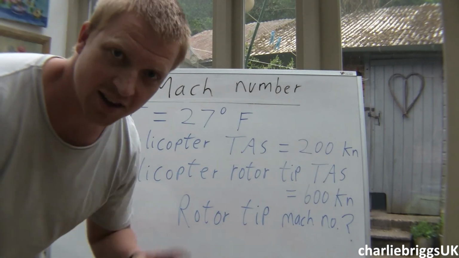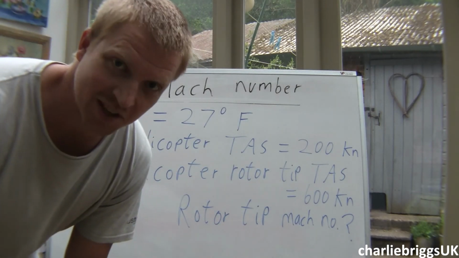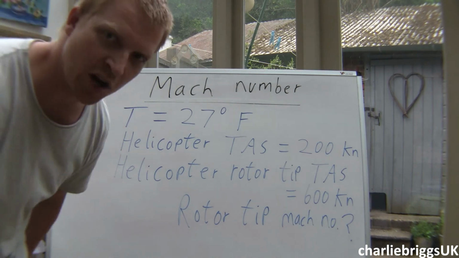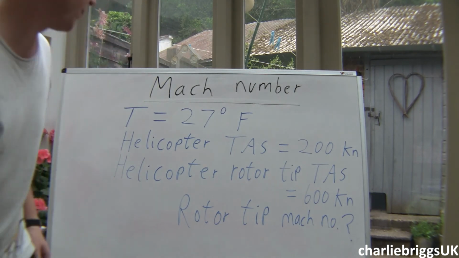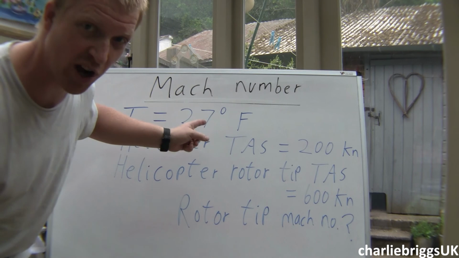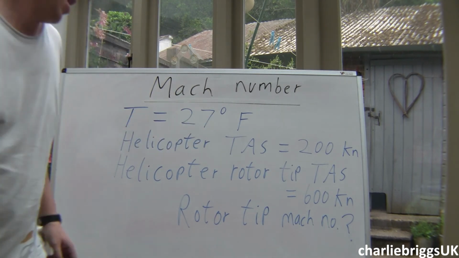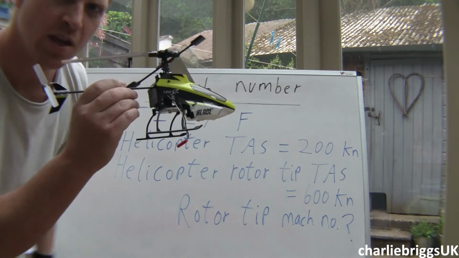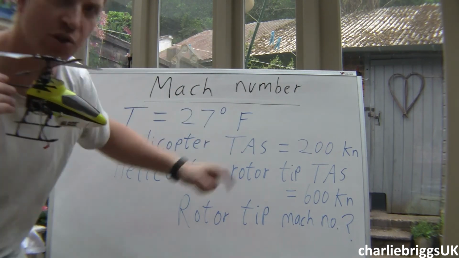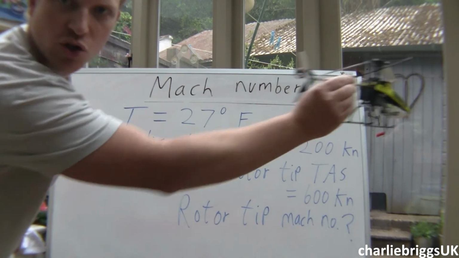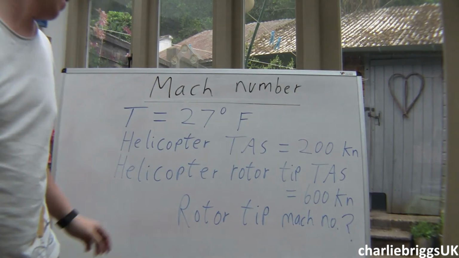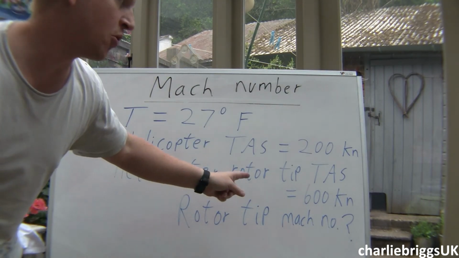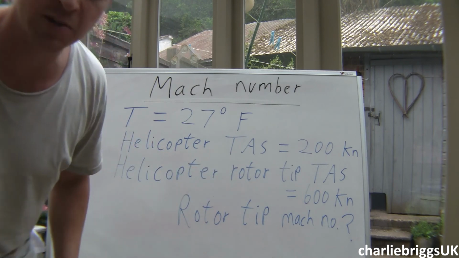Alright everyone, last example. In this example, we have our temperature. It's in degrees Fahrenheit. And we're talking about a helicopter, okay? We're given the helicopter true airspeed, 200 knots. We're also given the helicopter rotor tip airspeed.